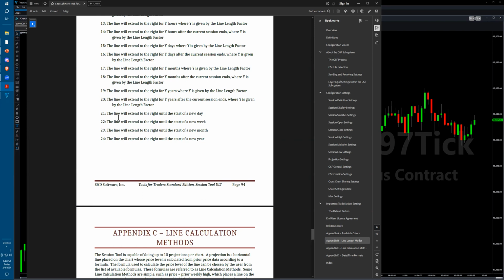And here we've got some others that look for calendar breaks, essentially. Extend the line until the start of a new day or a new week. These are calendar related references. So you got a lot of different ways to specify where a line should end for lines you put on the chart.